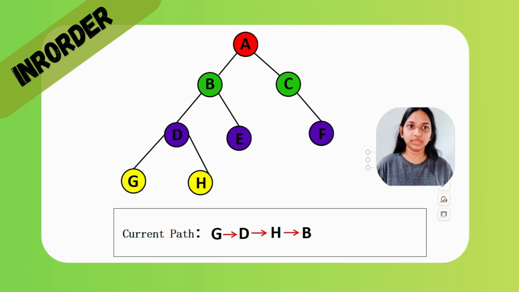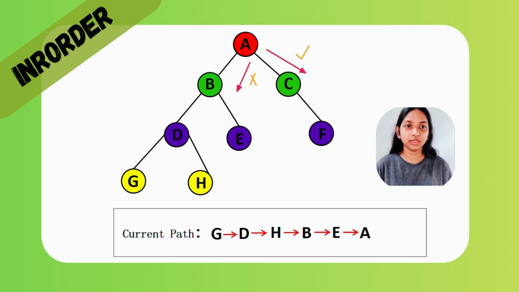We now visit B. Next we look at the right side of B. We find E, then visit E. Look at that. The entire left half of the tree is done. Now we finally visit the main root at the very top, which is A. Now we go into the right side of A and find C.